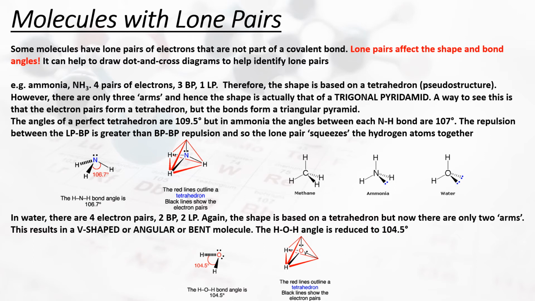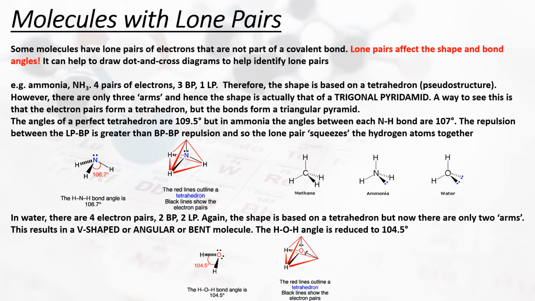We said earlier that the bond angles for a perfect tetrahedron were 109.5 degrees. But in ammonia, the angle between each NH bond is roughly 107 degrees. This is because the repulsion between lone pair and bonding pairs is greater than bonding pair and bonding pairs. Remember we talked about this when we covered VSEPR theory on the first slide.